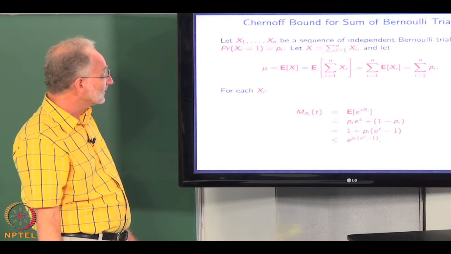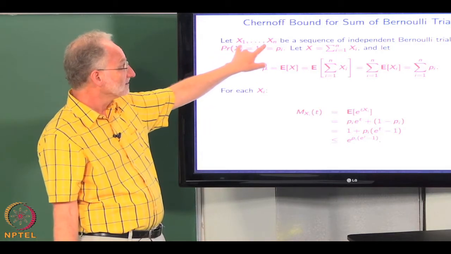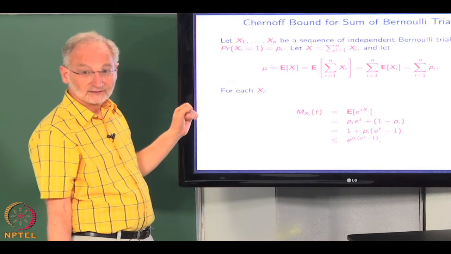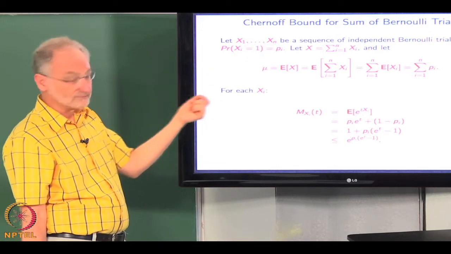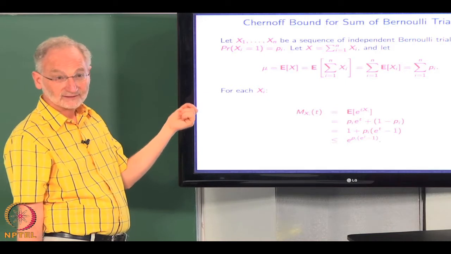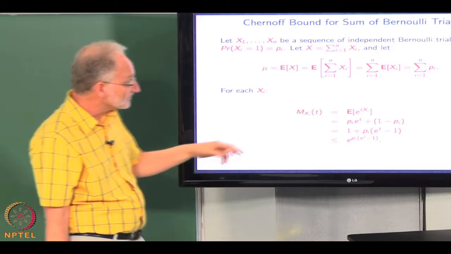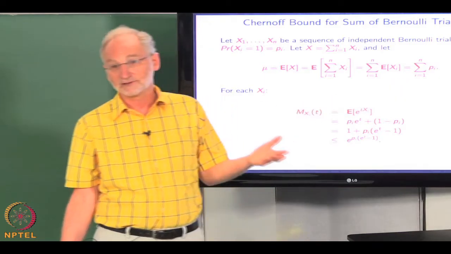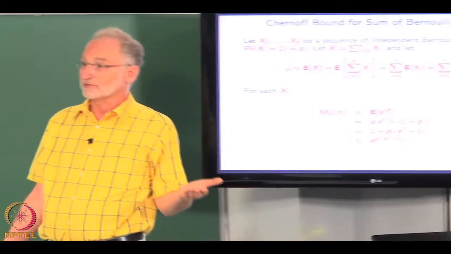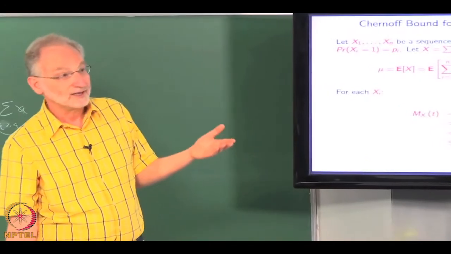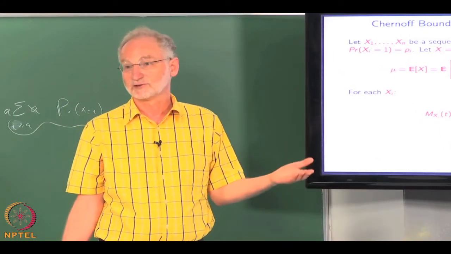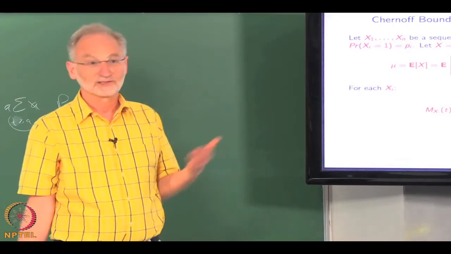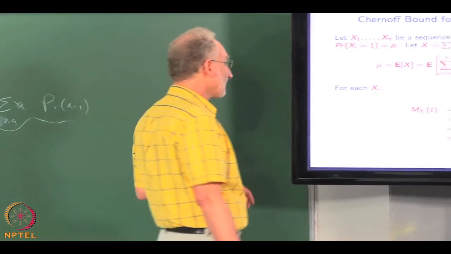What we want to ask is, if I take n observations of X1 to Xn and look at the sum, how far is it from the sum of the pi's? In other words, how good is the sum of n observations as a predictor for the real expectation? That's the statistical question.